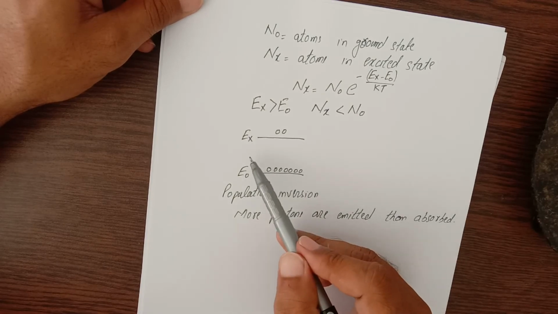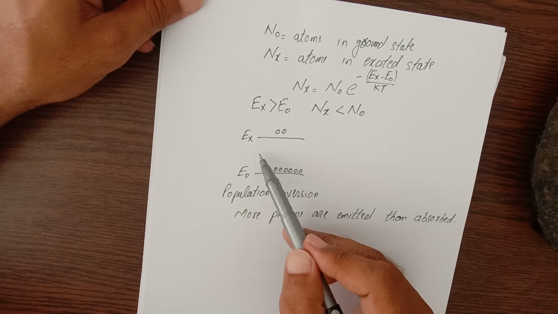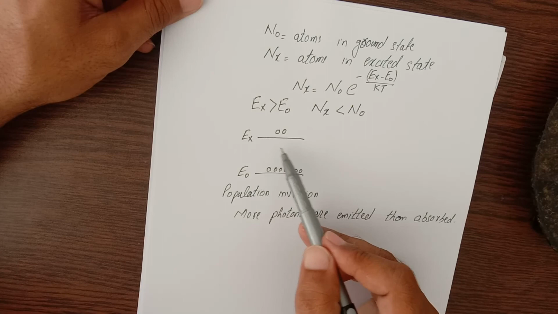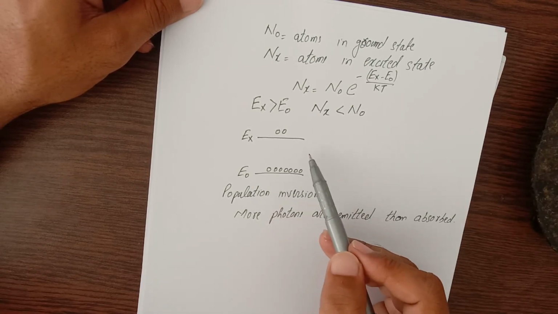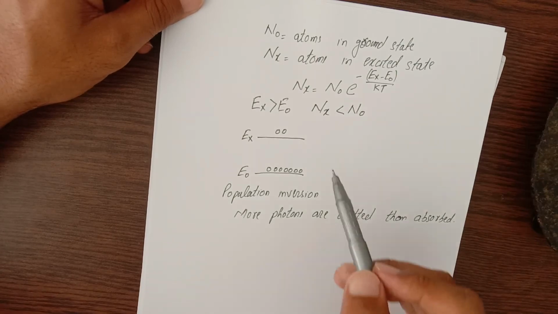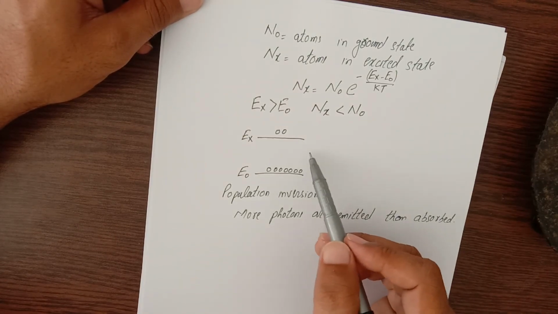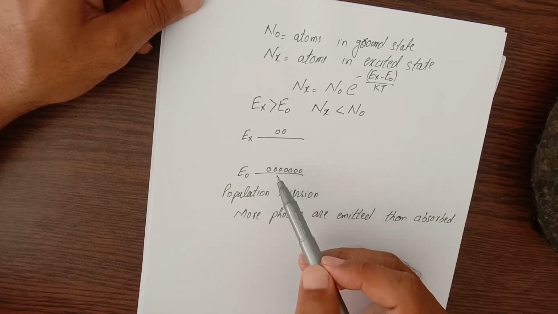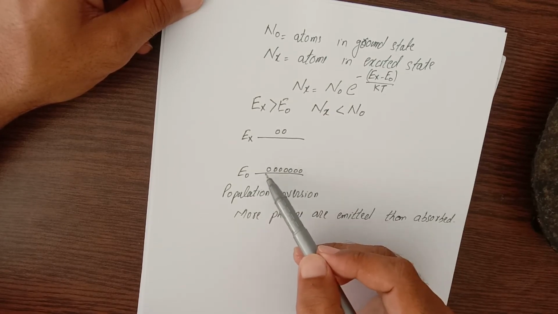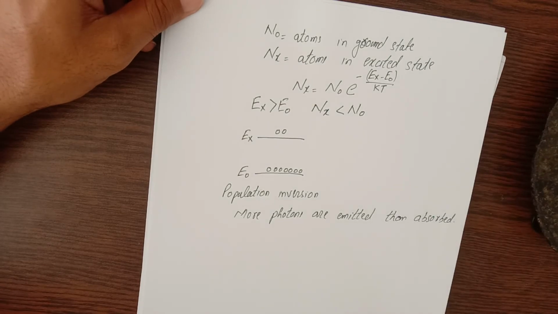So if we are making stimulated photons, the emission of the stimulated photons, as we see in the example of a single atom, should be more than that of the photons absorbed to make electrons go from ground state to excited state.